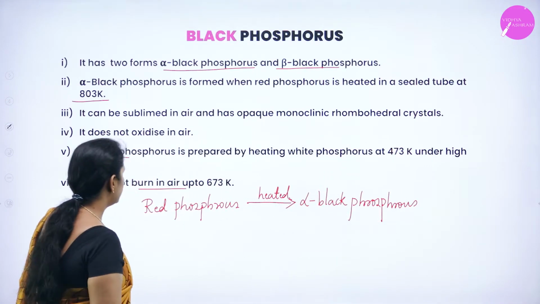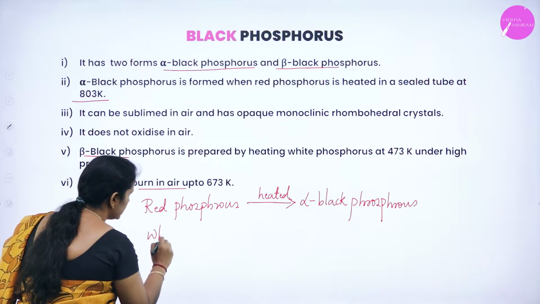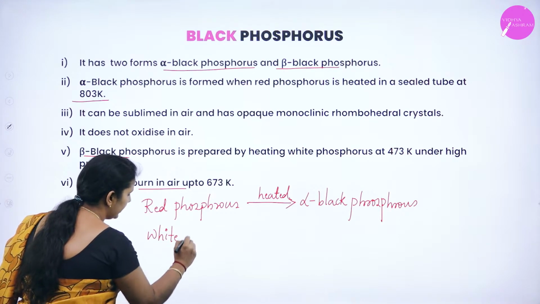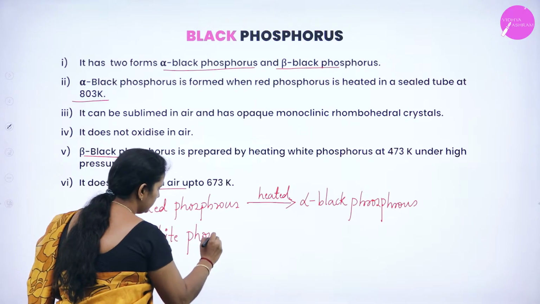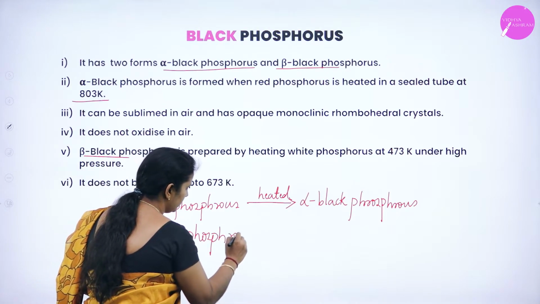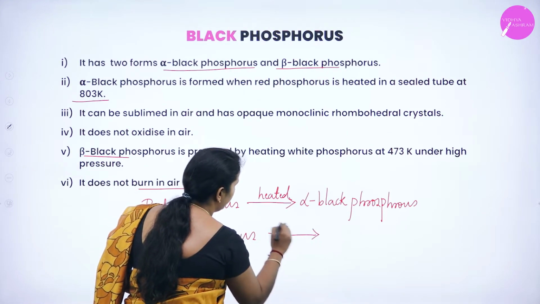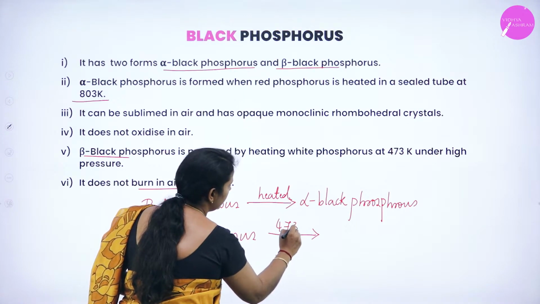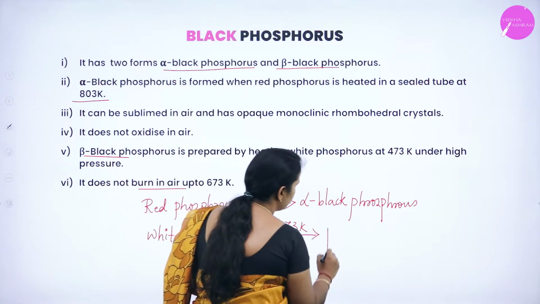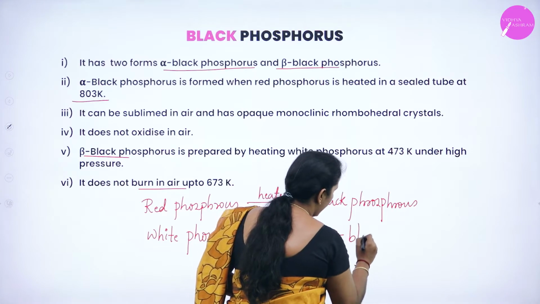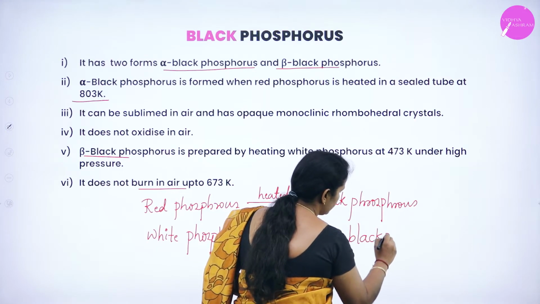And coming to white phosphorus or yellow phosphorus, you can take it. If you heat it at a temperature around 473 Kelvin, it gives beta black phosphorus.